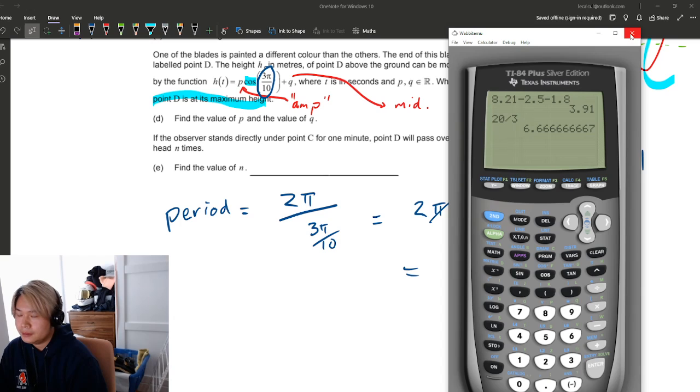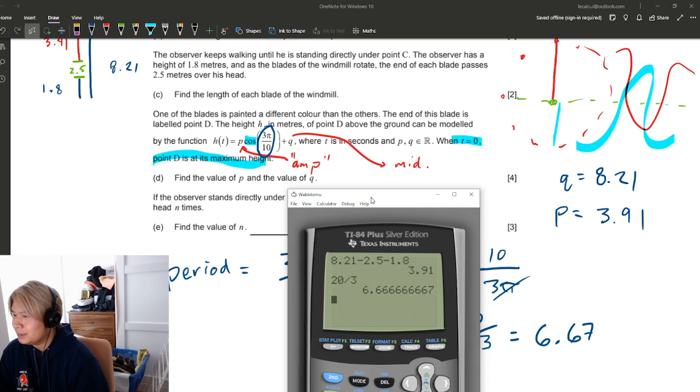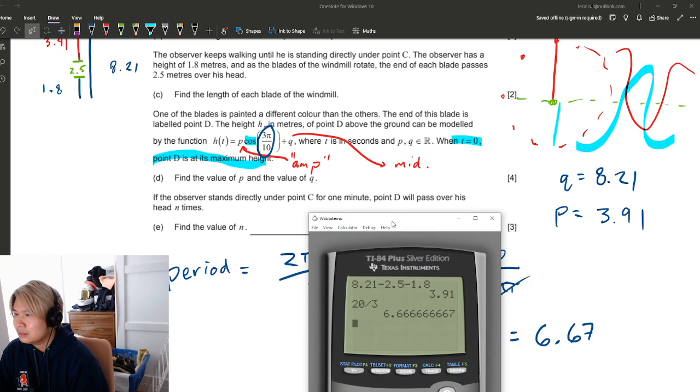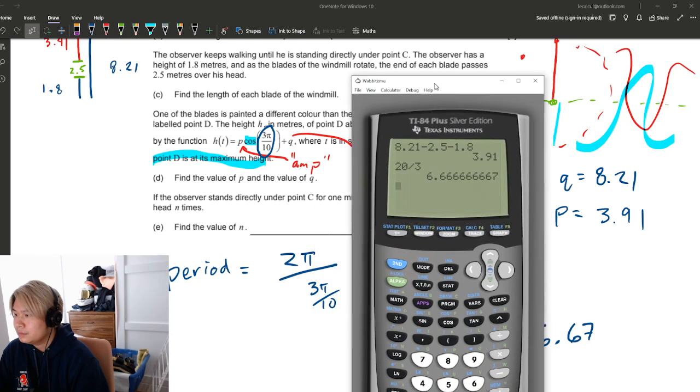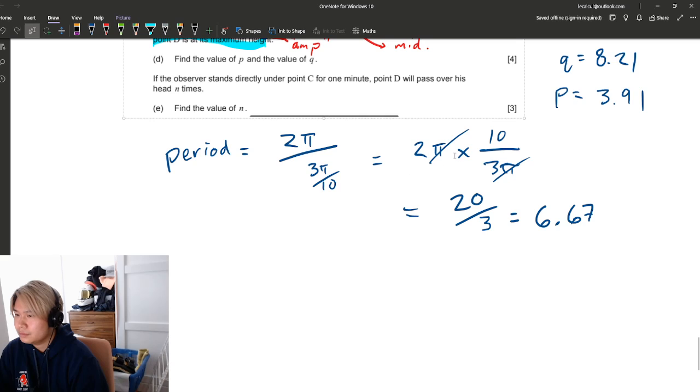Okay, so this is how long it takes. Hold on, let me just double check my variables here. What is t? Is t in minutes? I think t is in minutes. Okay, so this is my period.